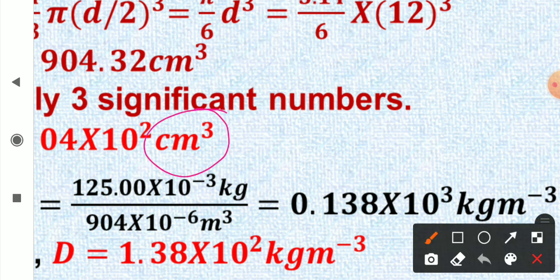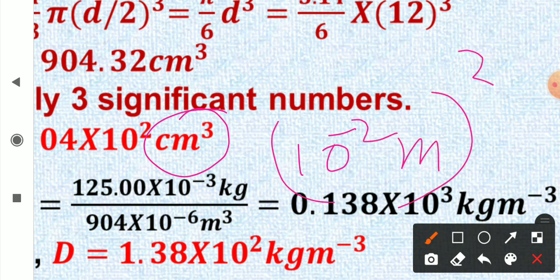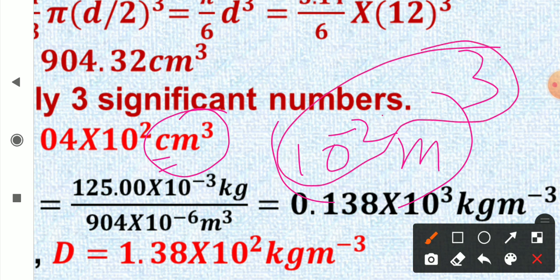This cubic centimeter is 10 to the power minus 2 meter, and this whole cube. Centi means 10 to the power minus 2, and from here, see, power over power multiplies, and you will get 10 to the power minus 6. That is what I am using here, 10 to the power minus 6 cubic meter.